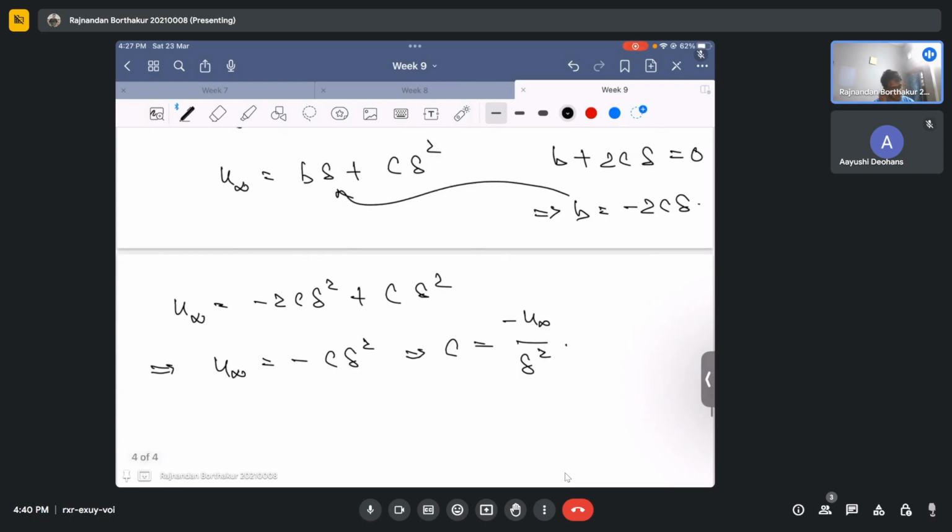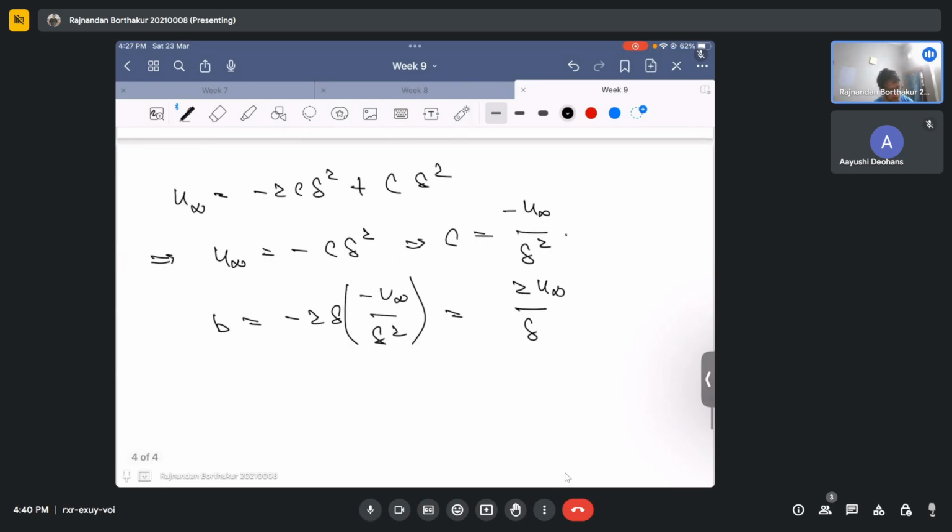Then b is minus 2 delta times c, which eventually comes out to be 2 u infinity by delta.